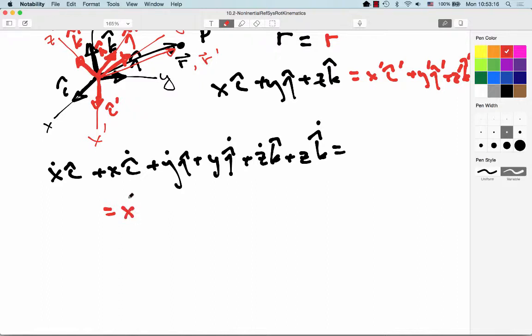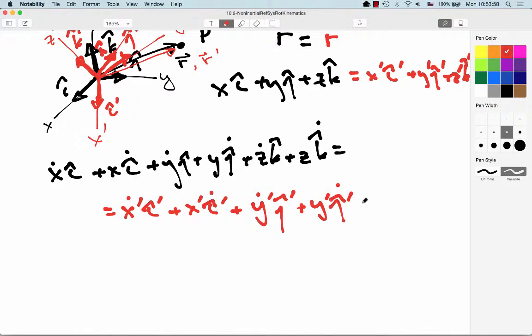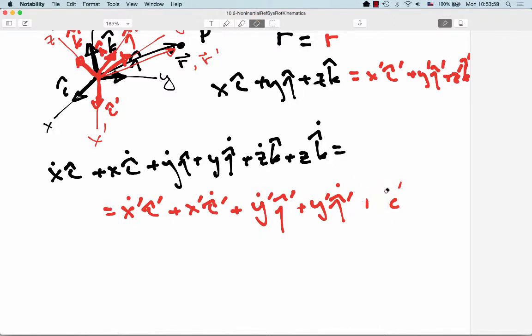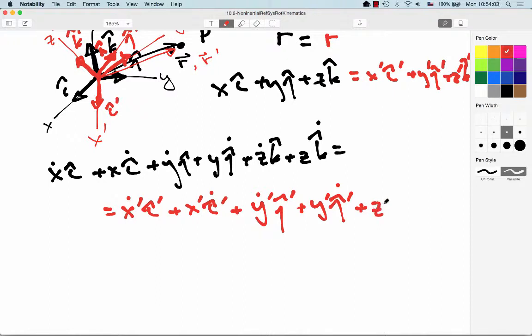So that will be x prime dot i hat prime plus x prime i hat prime dot plus y prime dot j hat prime plus y prime j hat prime dot plus z prime dot k hat prime plus z prime k hat prime dot. Whew.